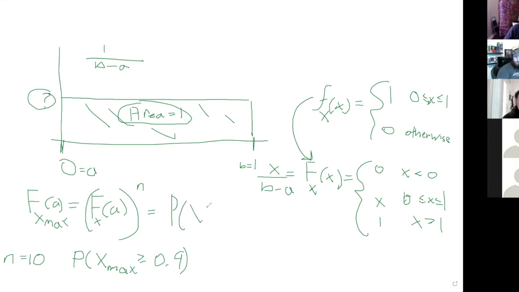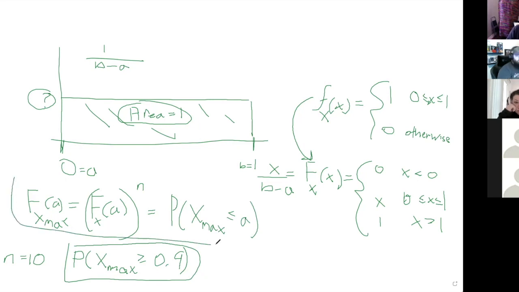So this would tell me the probability that x max is less than or equal to a, since cumulative distributions tell me area to the left. So I need to be careful about how I adjust this, because this is asking me to calculate the probability not that it's less than 0.9, but that it's bigger than 0.9. The part over here we found in the previous example, and this is what it's asking us to think about now.